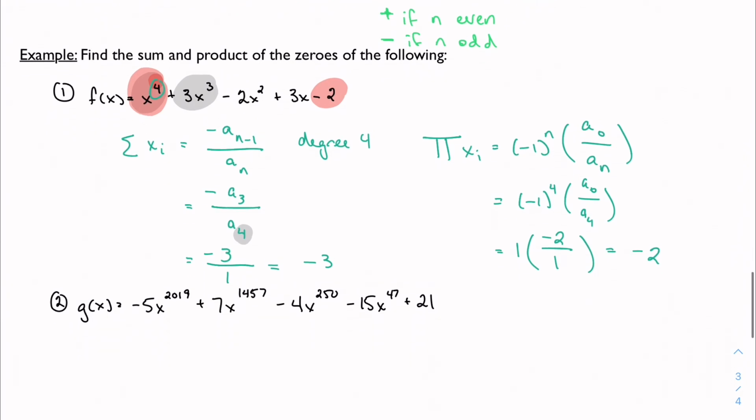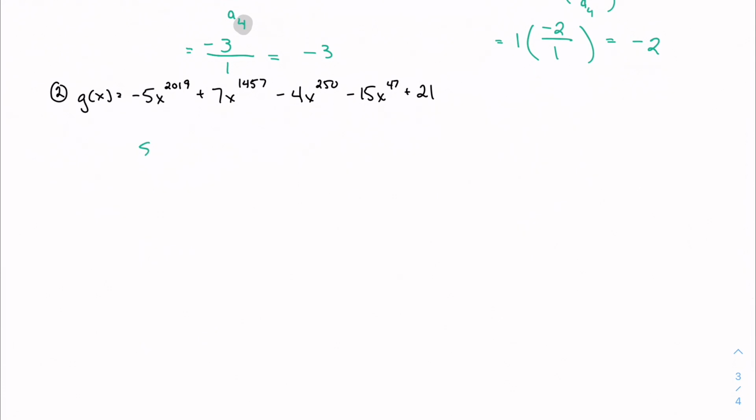That's all we're doing. It's just plugging into the formula. The process itself is not difficult. The challenge in this problem is understanding the notation, especially with a problem like this, where everything has been set up with notation. The process itself is not complicated. My degree is 2019, so that minus 1 goes on top, 2018.